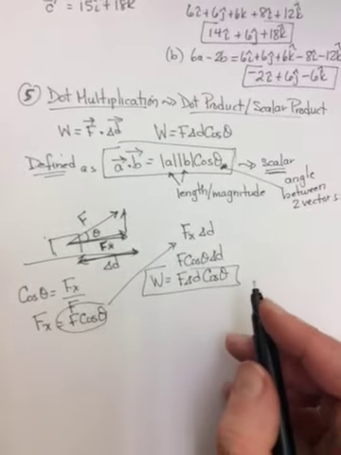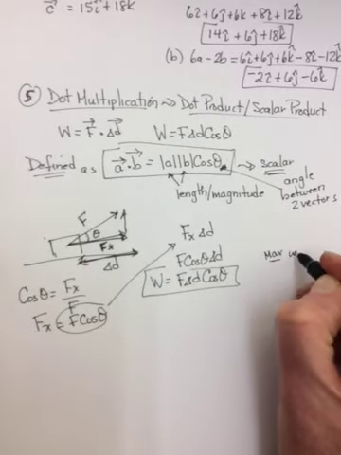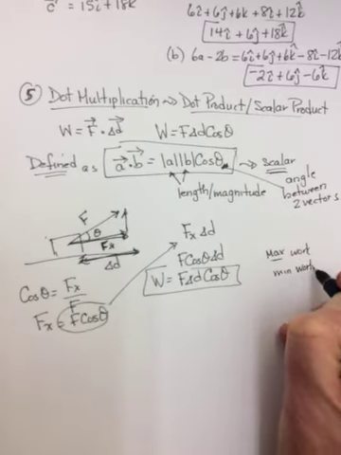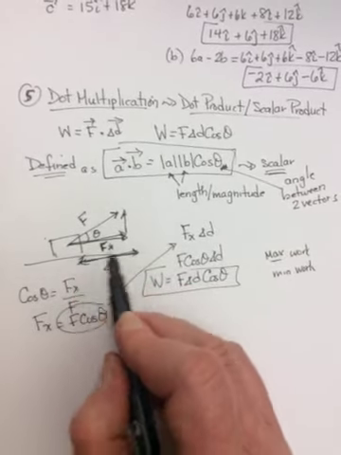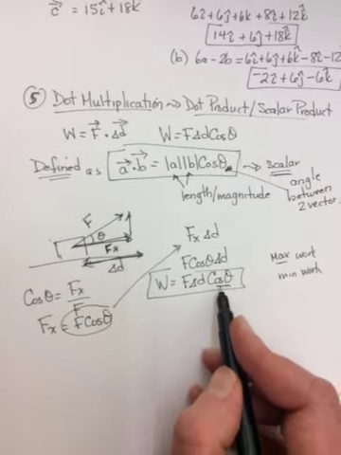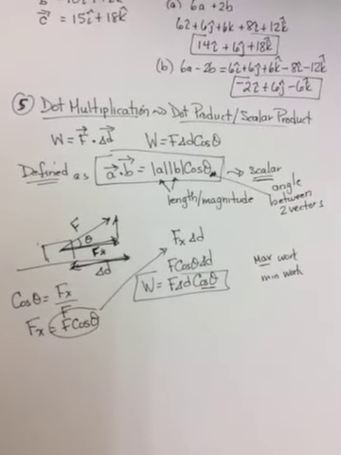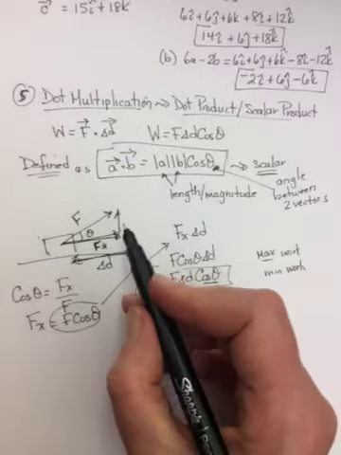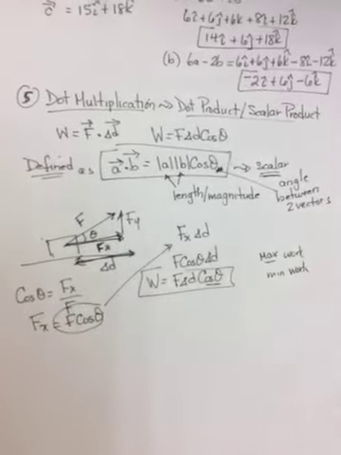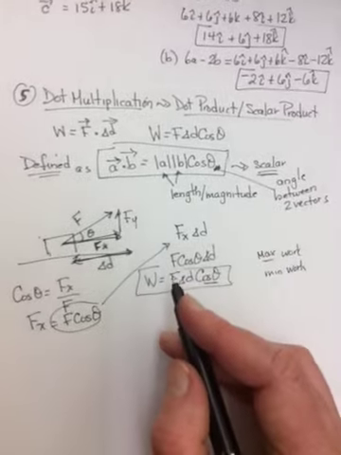Now think about the work equation. Remember, when would you get maximum work and when would you get minimum work? We got maximum work when F and delta d were going in the same direction, when the angle between them was 0, and cos of 0 is 1. We got minimum work when you were pulling perpendicular, because perpendicular is 90 and the cos of 90 is 0.